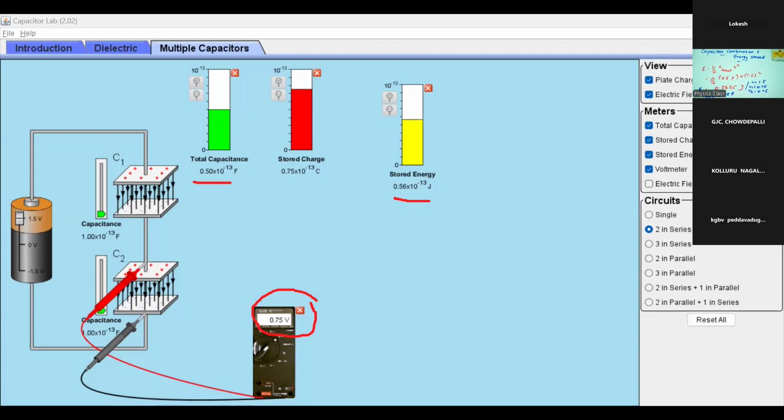Like this, you can find the stored charge. Okay. So Q is equal to CV. So here you can substitute the C total value.